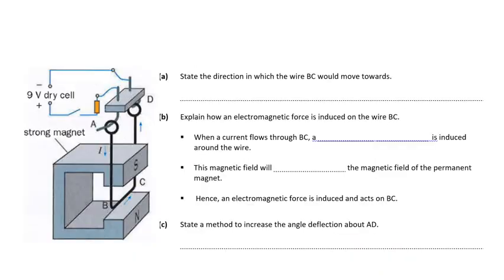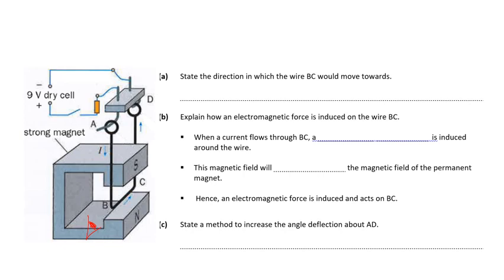Now we have an example with a complete circuit and a hanging wire that passes through the path of a magnetic field. Let's take a look at how this works. First, it says state the direction in which wire BC would move. As always, please remember that you need to have some kind of view, and usually we try to view the setup from the front.